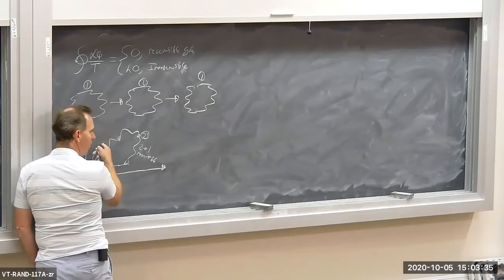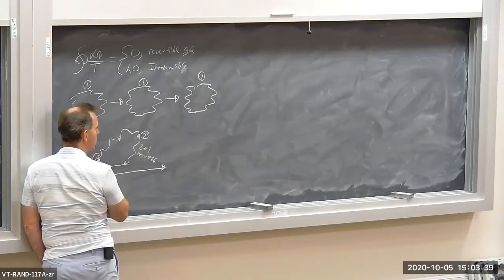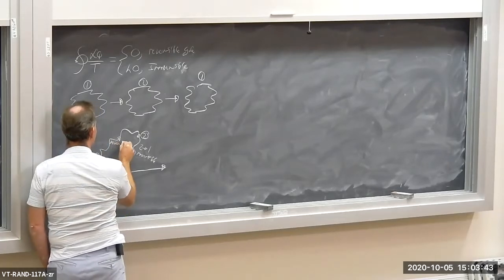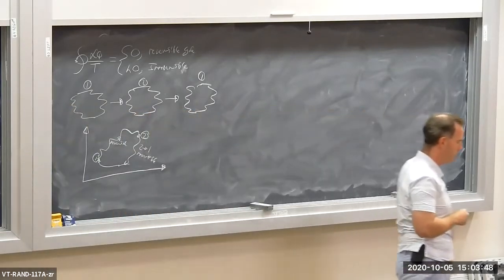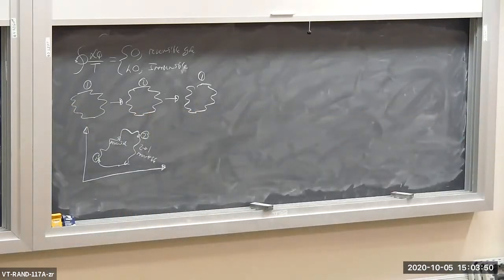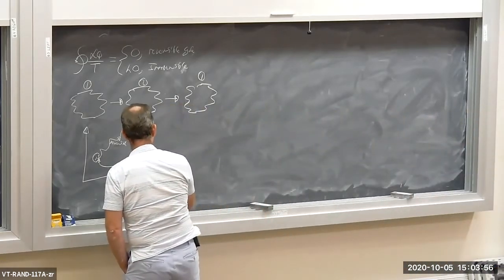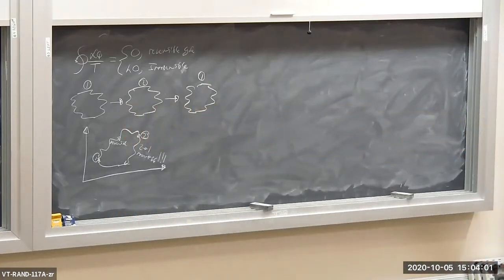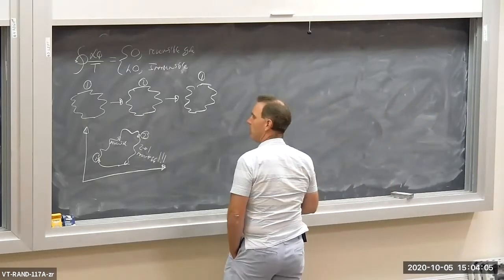And I'm going to put a soft constraint, which means in a moment I'm going to relax it. I'm going to say 1 to 2 is also reversible. So I'm just going to write reversible right next to process 1 to 2. Okay? So this is a hard constraint from 2 to 1. And 1 to 2 for the moment is reversible. Okay? So let's write the Clausius inequality here.